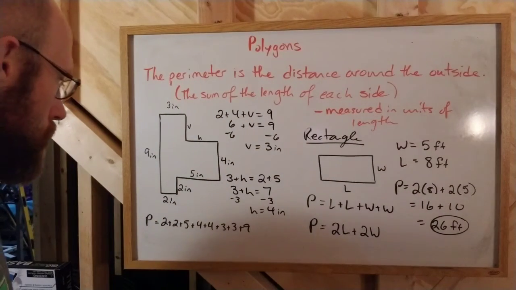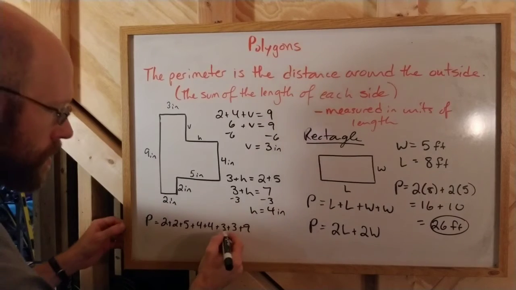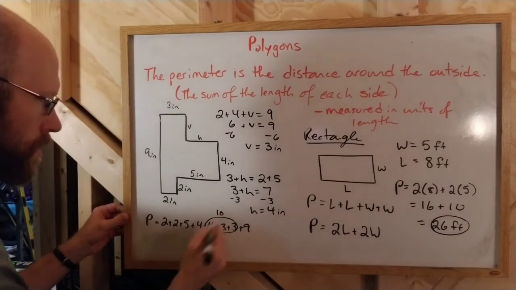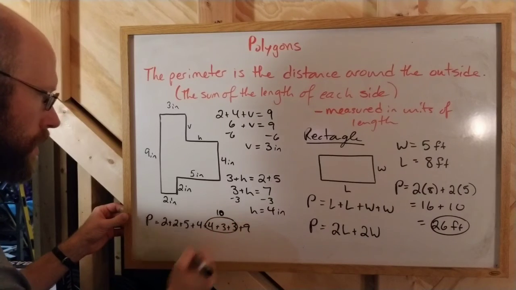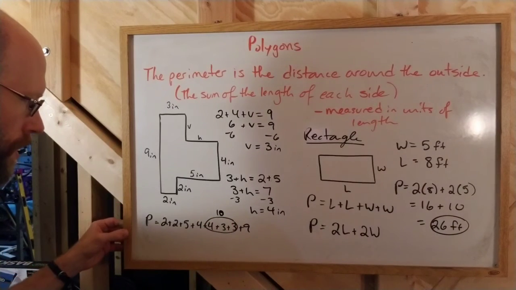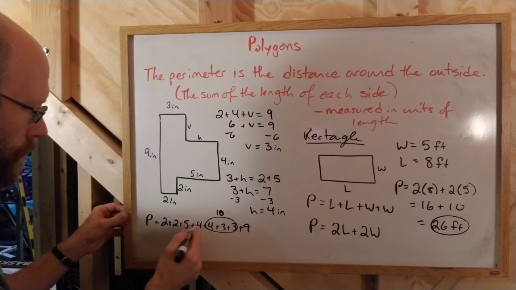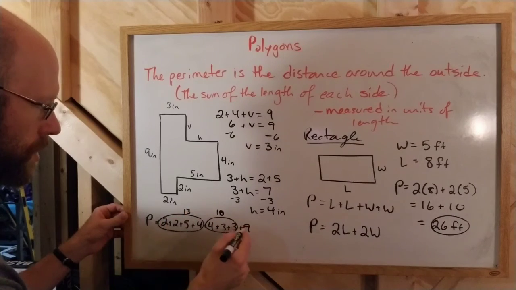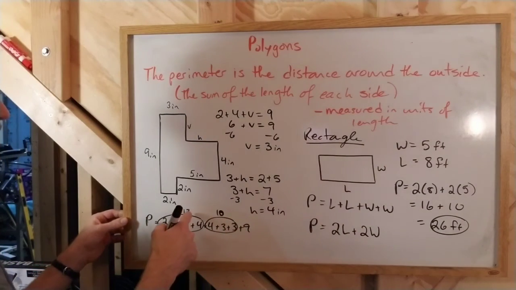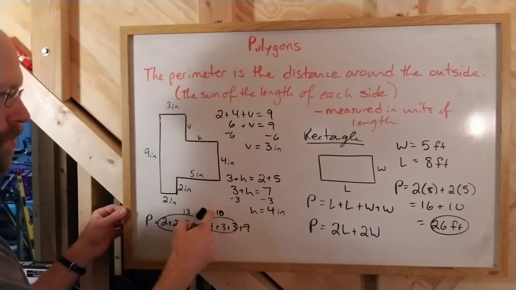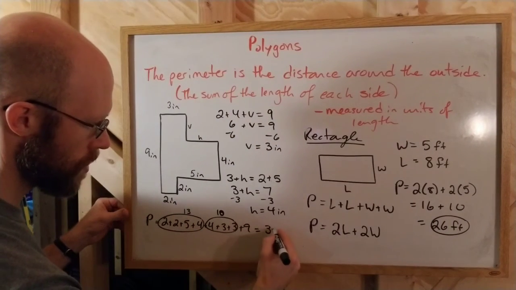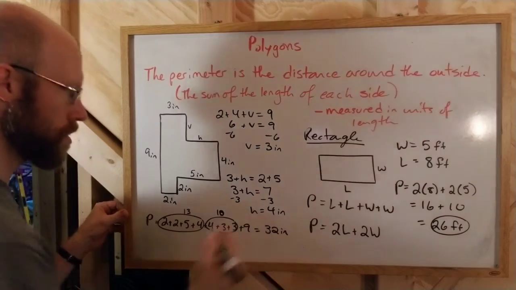If I group these together, 3 and 3 makes 6, and 4 makes 10. Then 2, 4, 8, 8 and 5 makes 13. So these together make 13. And then I've got my 9. 13 and 10 make 23, and 9 makes 32 inches. All right.